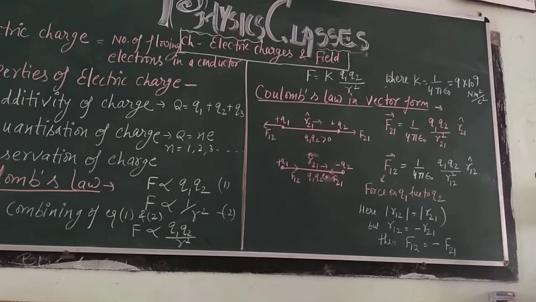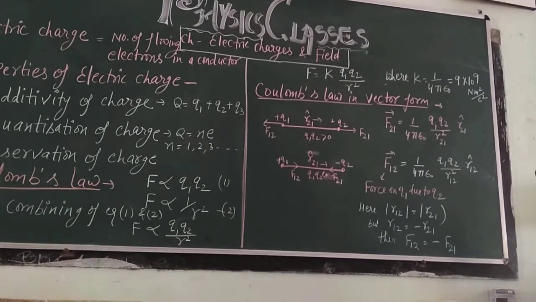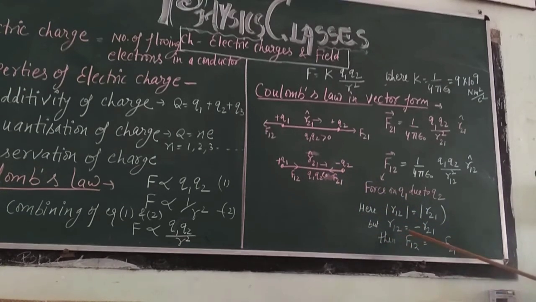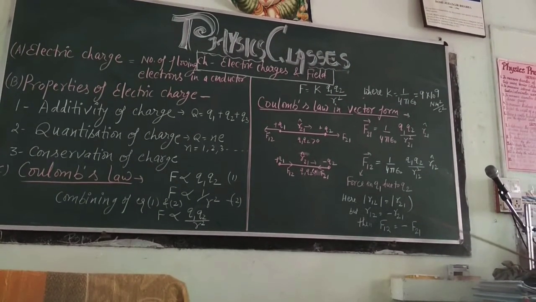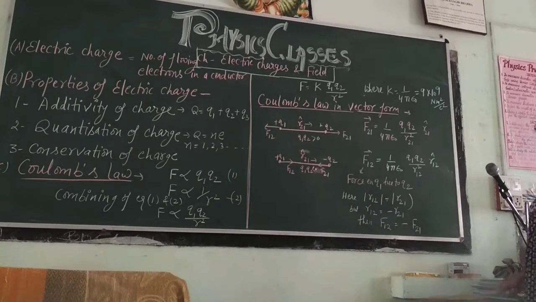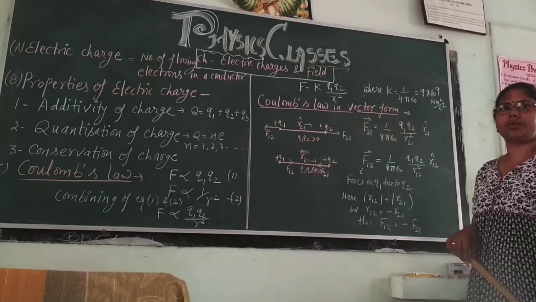As we studied Newton's third law in 9th class, it says that each and every action has an equal and opposite reaction force. If F12 is the action force, then F21 is the reaction force. These are equal and opposite to each other. The negative sign shows the direction, and the magnitudes of both forces are equal.